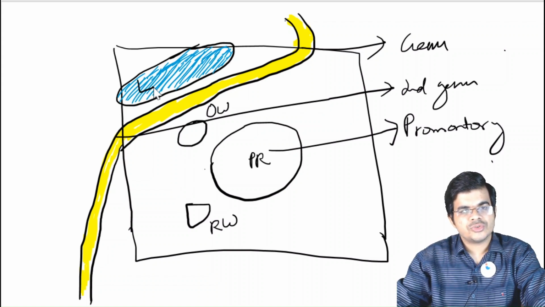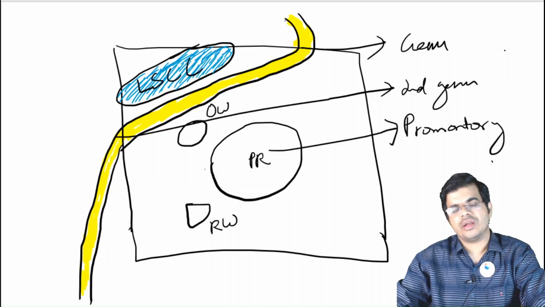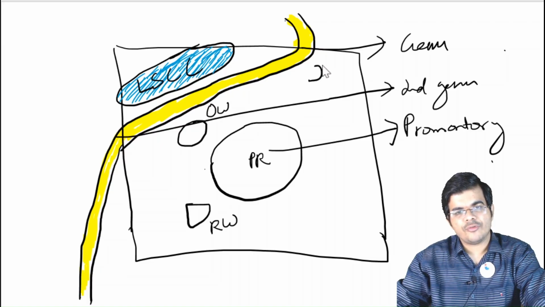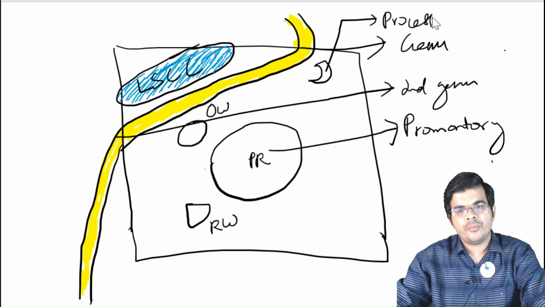Okay, so here you have the lateral semicircular canal, and yes, you have another very important landmark for the genu here. What is that? That is the process cochleariformis. Okay, this process cochleariformis is a hook, and it is on this hook that the tensor tympani muscle bends.